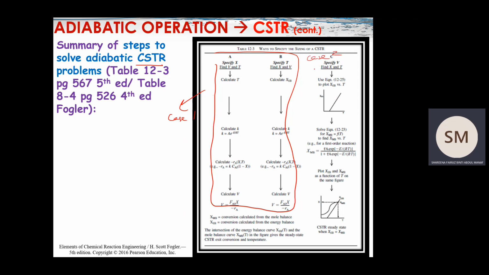Okay, so XMB is the conversion calculated from the mole balance. Okay, and XEB is the conversion calculated from the energy balance. Okay, so the intersection here, okay, yang bertembung XEB dengan XMB, and the mole balance in the figure give the steady state CSTR exit conversion and temperature. Okay, so you akan dapat what is the X, alright, and the T at the steady state, alright, of the exit conversion of the CSTR.